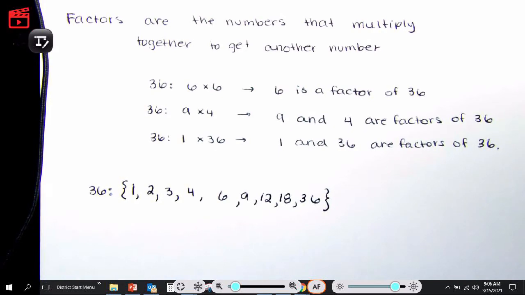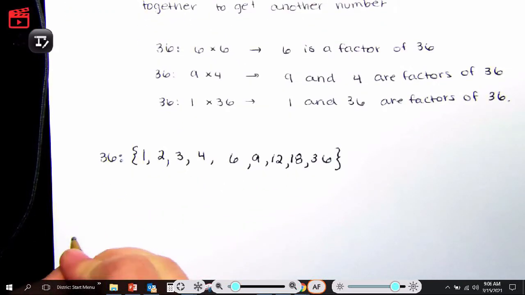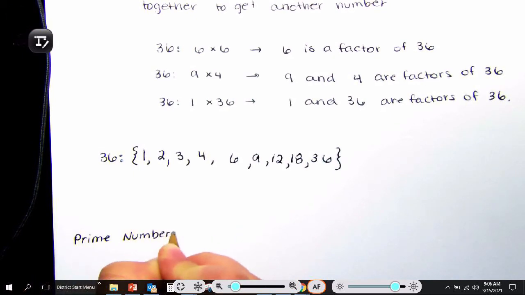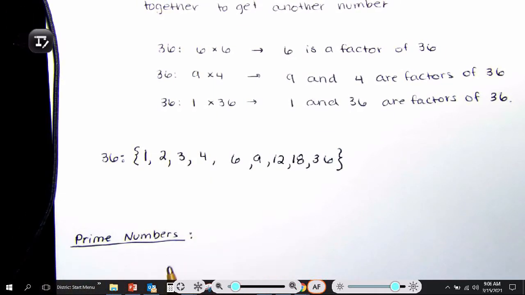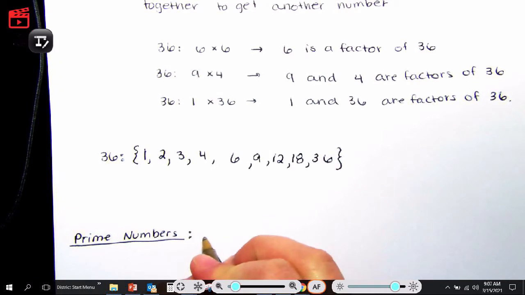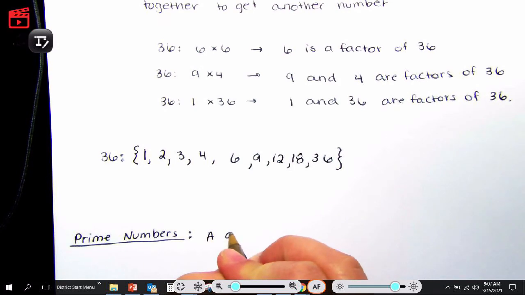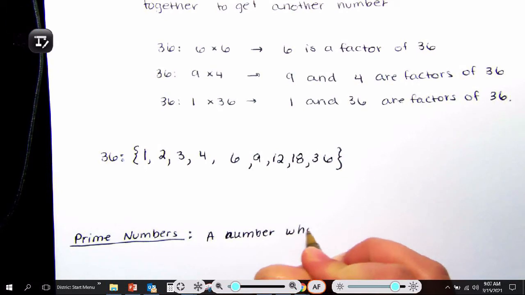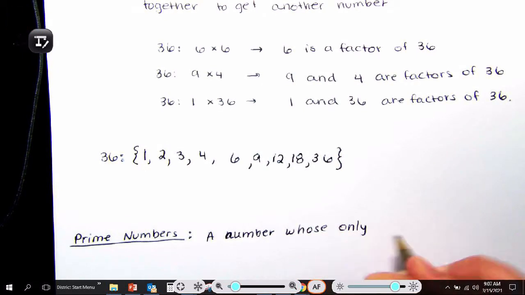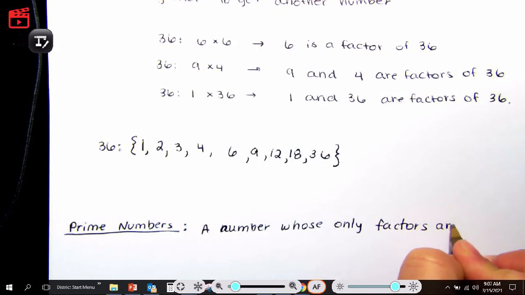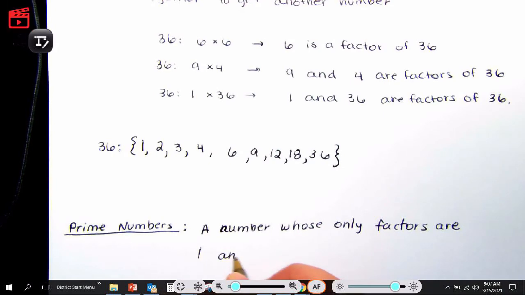Now, when we're talking about prime factoring, prime numbers are very special numbers because a prime number is a number whose only factors are 1 and itself.